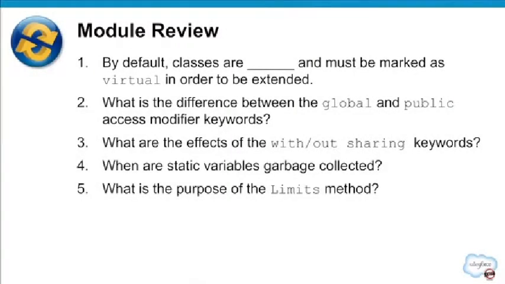All right? So, quiz questions. By default, all classes are blank and must be marked with virtual in order to be extended. Final, very good. What is the difference between the global and the public access modifier keywords? Let me phrase it this way. What are the 5 use cases for global? Create an AppExchange app, and you want your customers to be able to access your code directly.